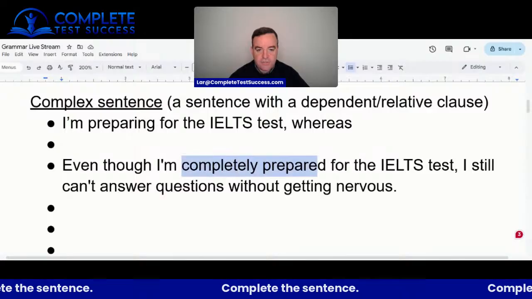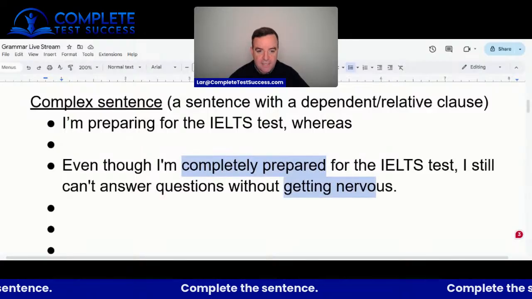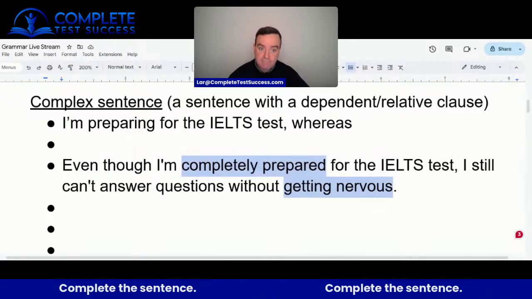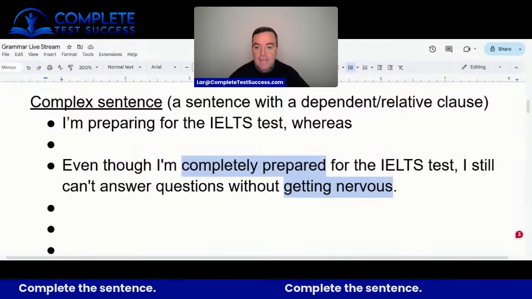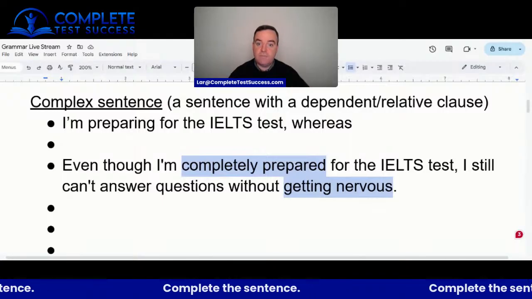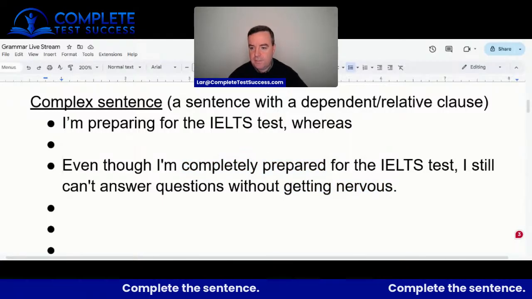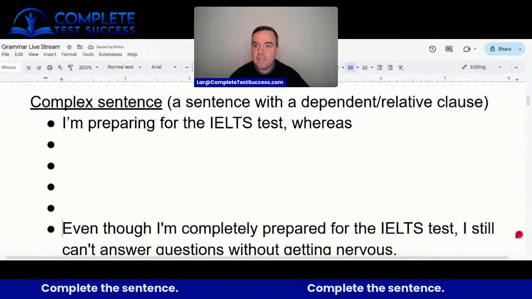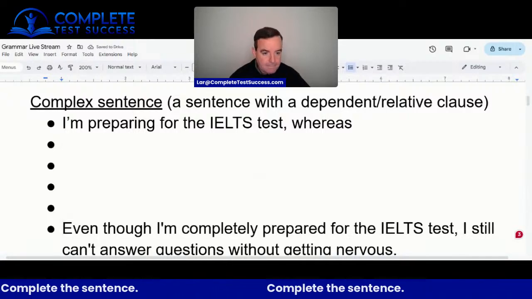So we have a contrast between completely prepared and getting nervous, right? You would expect if someone's completely prepared, they have nothing to get nervous about because they're ready. So that would highlight a contrast, but just saying studying and nervous, there's no real contrast between those. So I would encourage that difference, that edit to your writing.